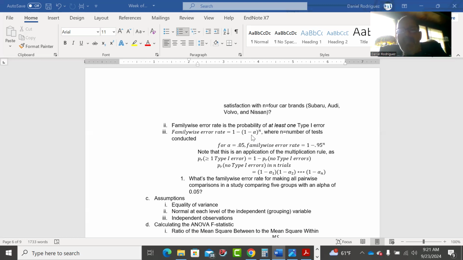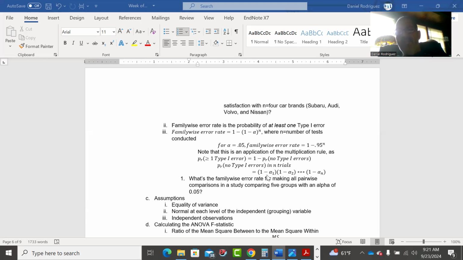So what we're saying is, what's the probability that we do not have a false positive, or no type 1 error, in the first instance, and, and means multiplication, the second instance, and the third instance, and the fourth, all the way till the nth instance, right?